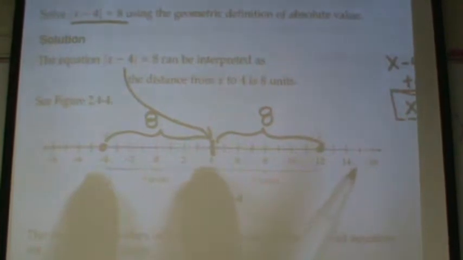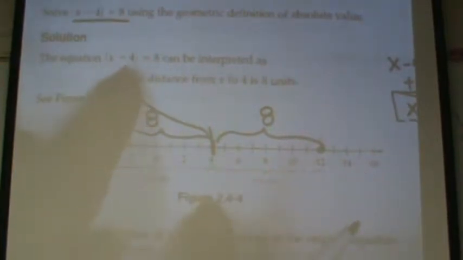So 8 units this way and 8 units that way results in these two numbers, 12 and negative 4. Okay?